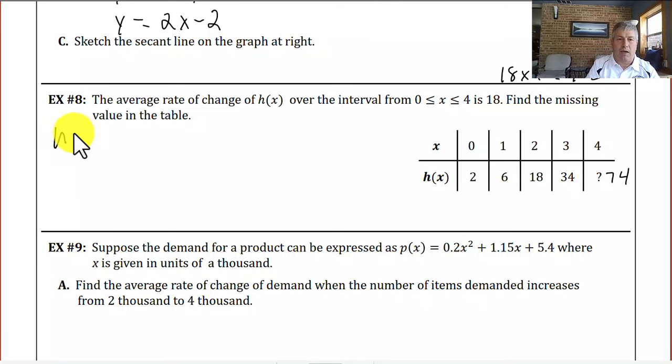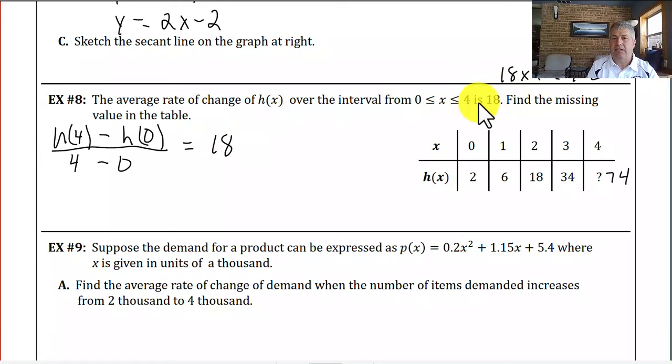And we're going to say h of 4 minus h of 0, which is our y2 minus y1, over our x's, 4 minus 0, is equal to 18. Our average rate of change equals 18. So we put it into our equation. h of 4, we don't know what it is, but h of 0 is 2.